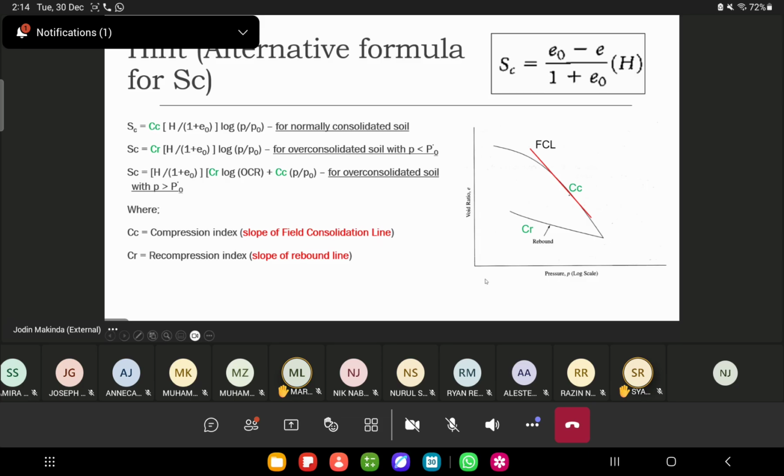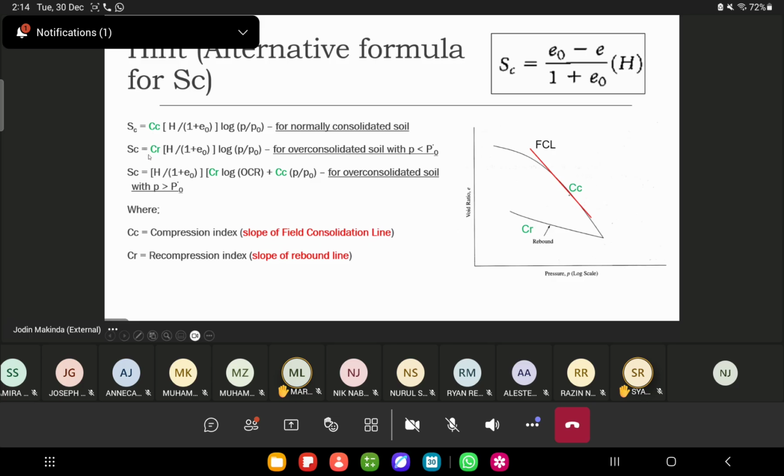Similarly, if you look into the rebound line, you can see that the slope of the rebound line is equivalent to the recompression index, or CR. So if we want to use CR as the alternative formula, we can use alternative equation number 2, where CC is replaced by CR.